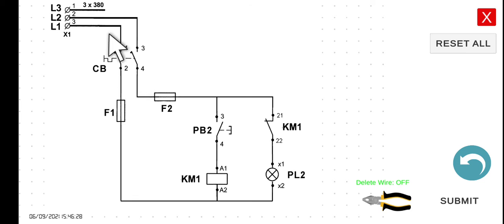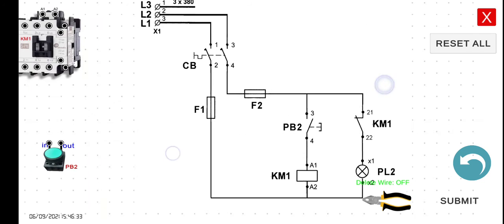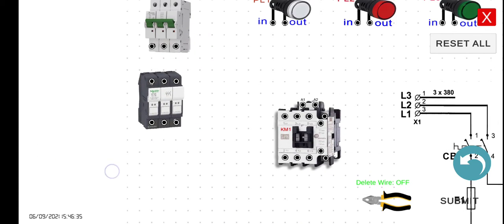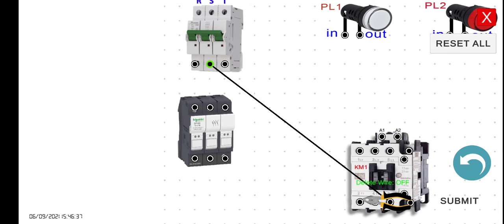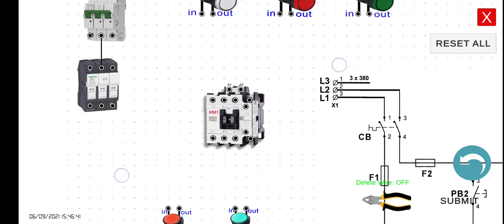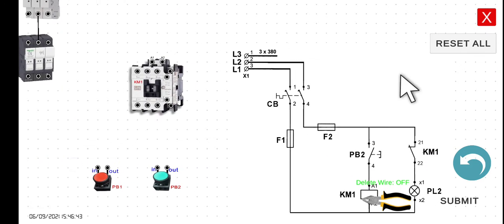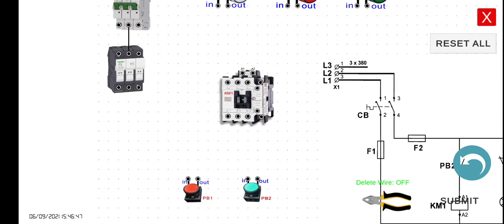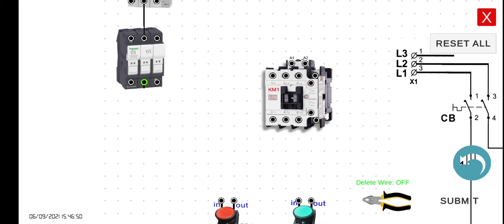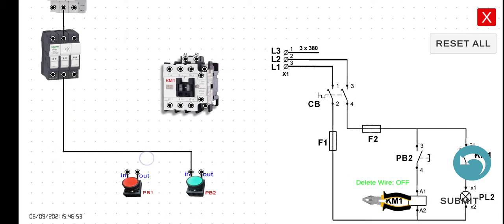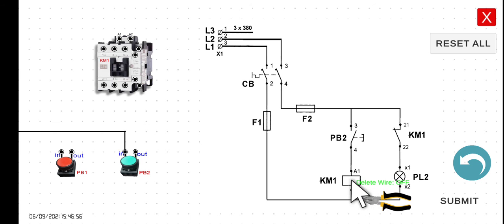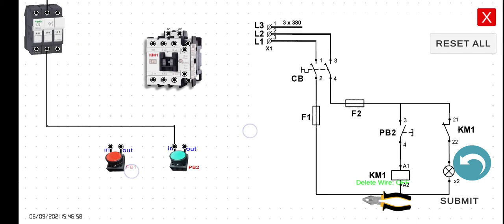We'll start with the S to the fuse number 2. Then we proceed with the fuse number 2 to the input of our PB2. Next, the output of our PB2 to the KM1 A1.